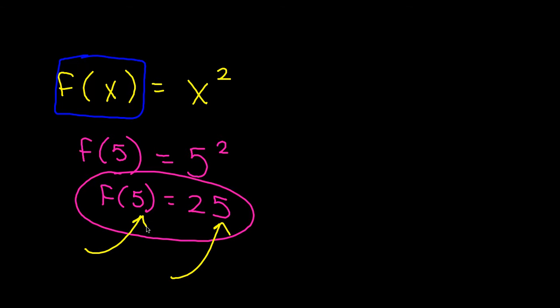So in that single line, I know the input and the output. My function, when I input 5, is going to have a value of 25. So using that information, I'd like you to try to find f of 7. Go for it.